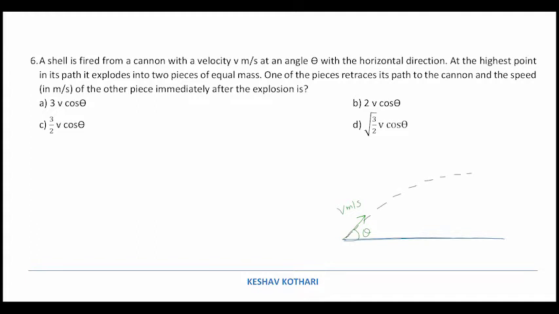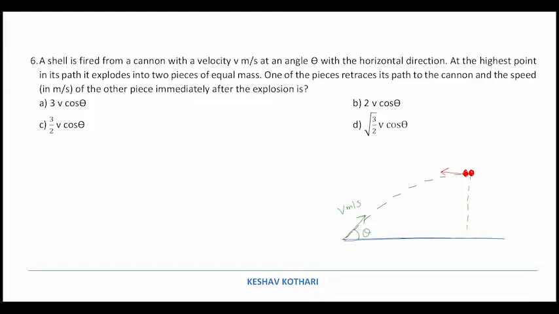At the highest point of the path, that is somewhere here, it explodes into two shells of equal masses, such that one part starts retracing its path towards the cannon back again.